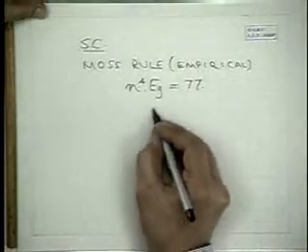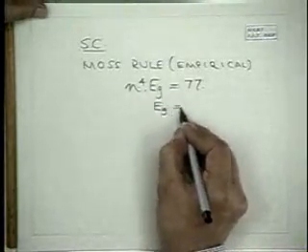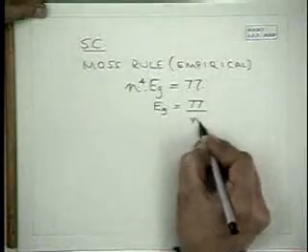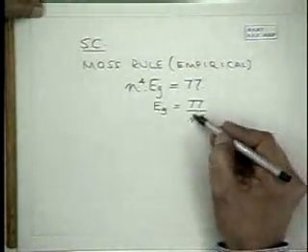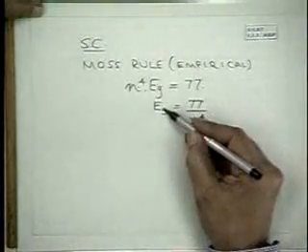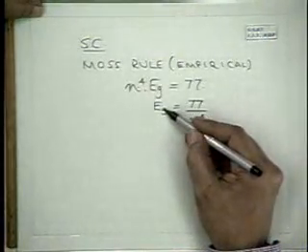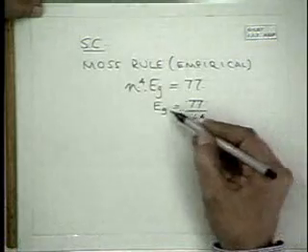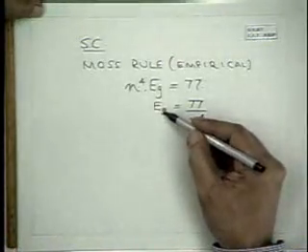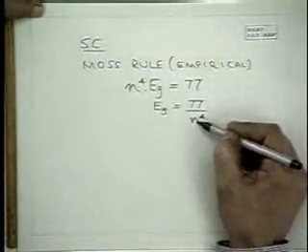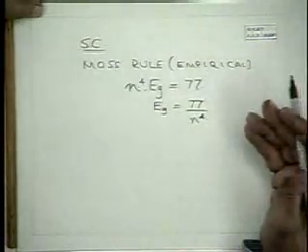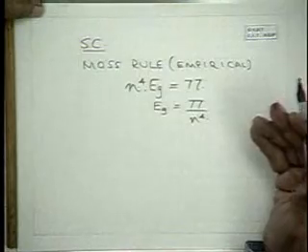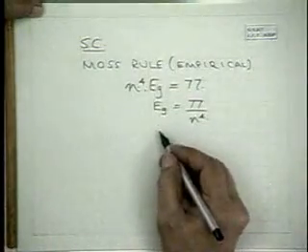That means that Eg is 77 by N to the 4th. So what does it mean? If the refractive index is large, the band gap is small. And if the refractive index is small, the band gap is large. That means for large band gap materials, the refractive index is small. That's the case for diamond, boron nitride, etc. Or zinc sulfide.